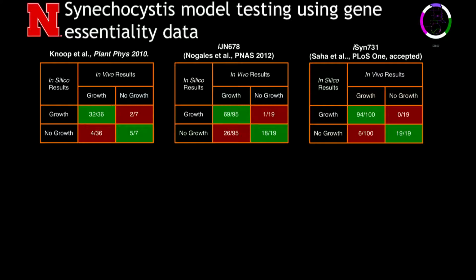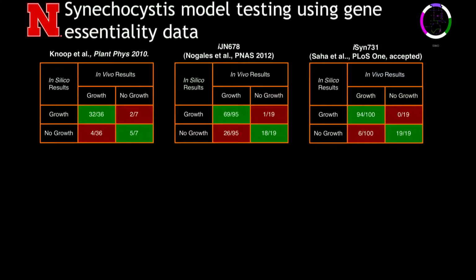These are quite huge, and likewise if you look at the other model that came out in 2012, that is also quite high. Now, compared to those results, if you compare our model, out of 100 we predicted 94 growth, out of 19 we predicted all of them as no growth. Although there are cases where the model has some issues.